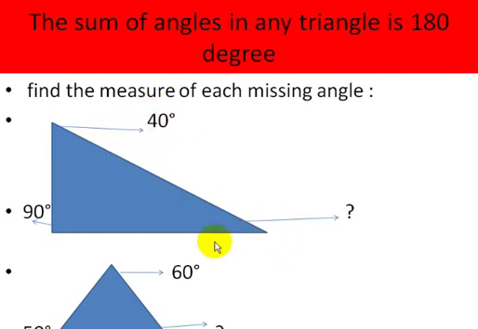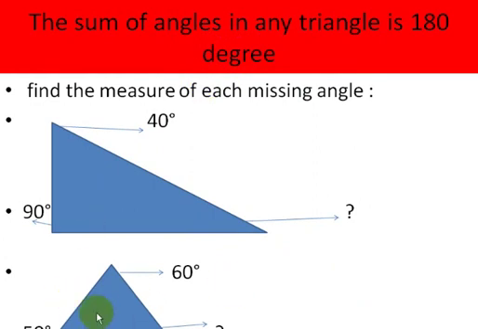How much do we need to get 180? It's 50. So the measure of the missing angle is 50 degrees. Don't forget to put the degree, that's the unit of measuring an angle.